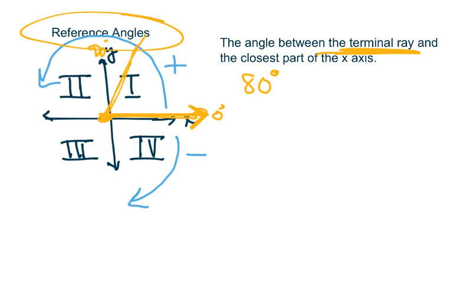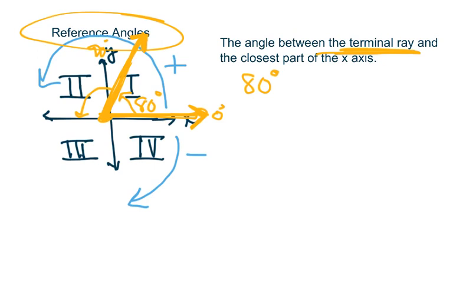So 80 degrees would be right around here, because from here to here is 80 degrees. And this is my terminal ray. That means there's also another angle here, closer to the x-axis, but that's 100. 80 is less than 100, so the reference angle will be 80.